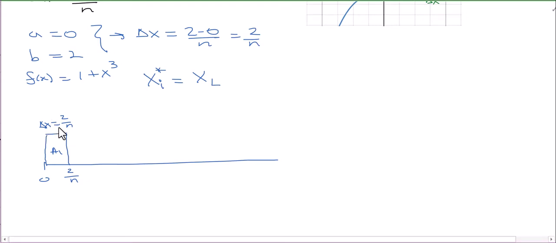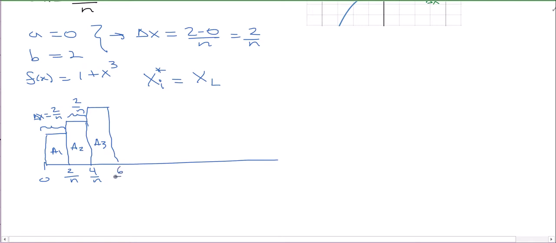And then what about a second rectangle? The area will be A2, and this is still 2 over n again. So it'll be 2 over n plus another 2 over n, so that's 4 over n, and so on. Then, what about the third rectangle?